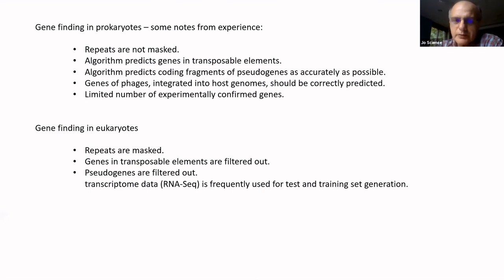In prokaryotes, no. In prokaryotes, when there is a transposable element, people expect that gene prediction software should correctly predict the protein encoded by the transposable element. This is not the case in eukaryotes. No one is really looking into annotation by gene finders of transposable elements in eukaryotes.